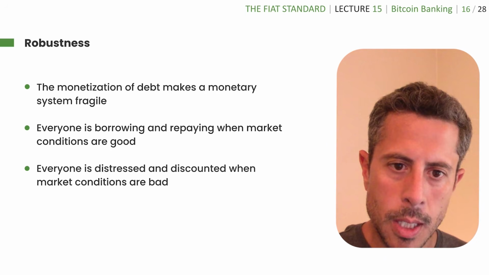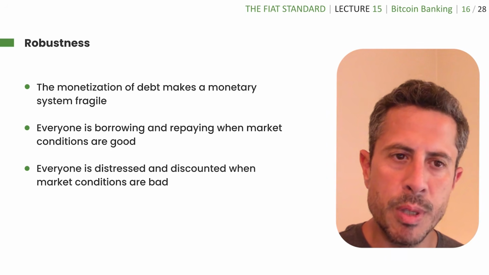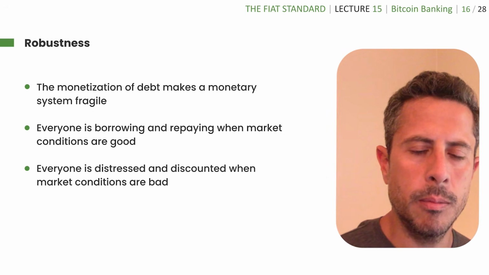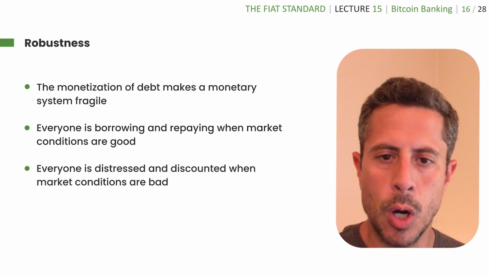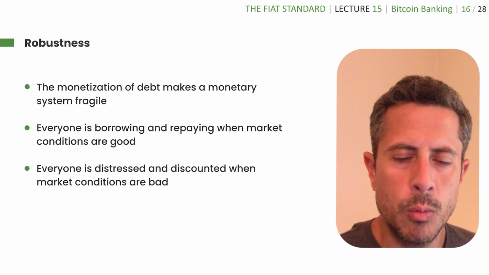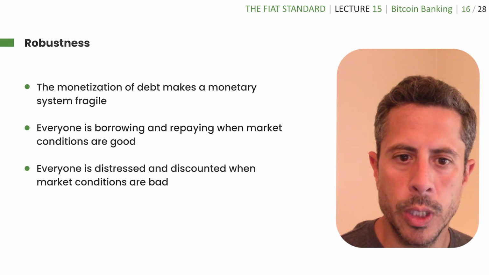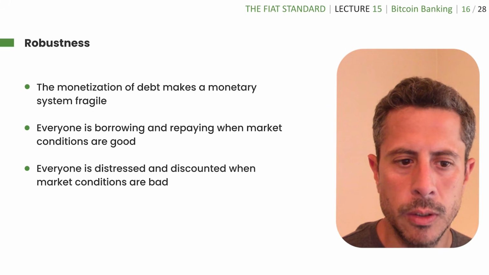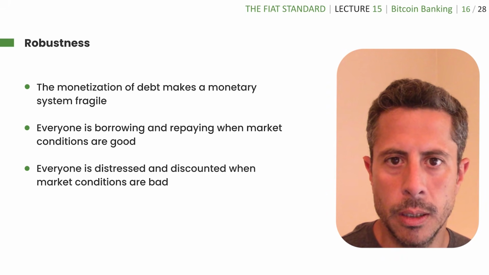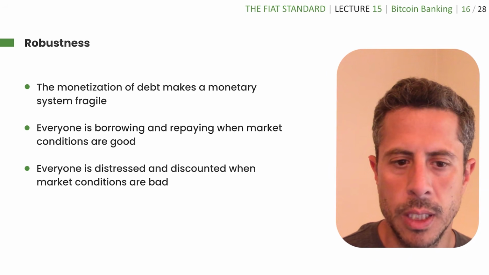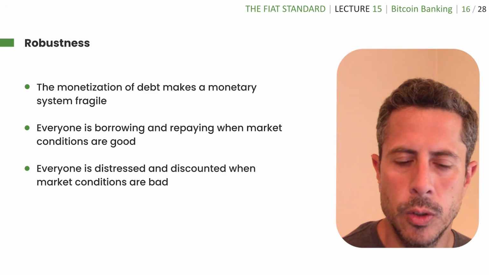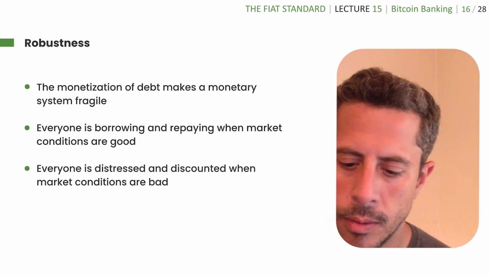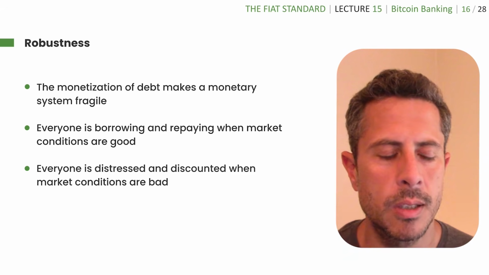And so the entire system is built on debt, and the entire system is built on fragility, on borrowing from the future. And of course, the more you borrow, the more you benefit, the more you enjoy it, the more you double down on it. And so everybody is borrowing and repaying successfully when market conditions are good, and the entire structure seems robust and fine.